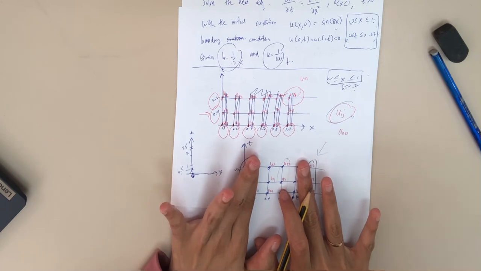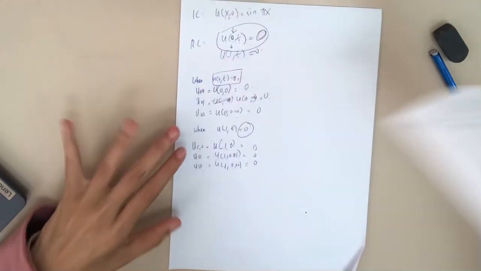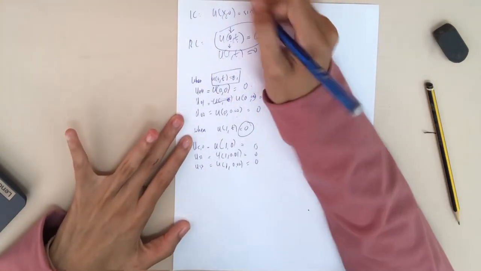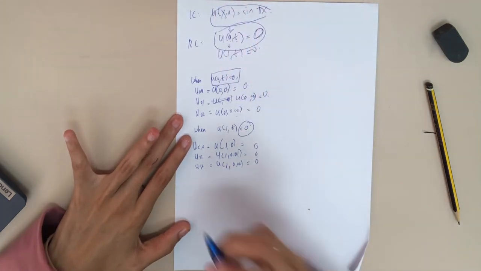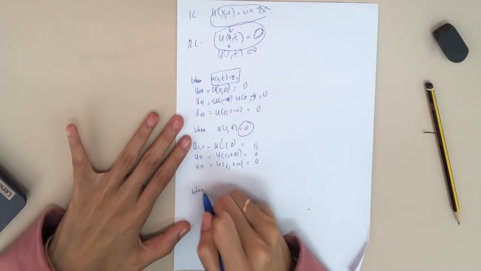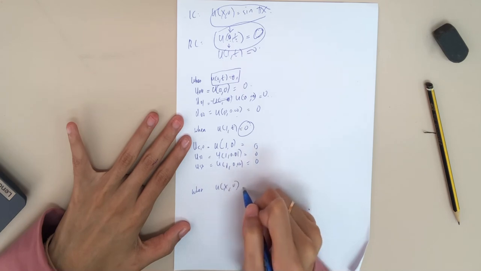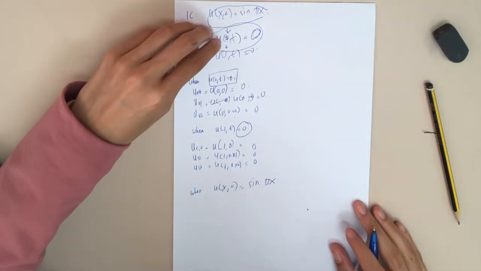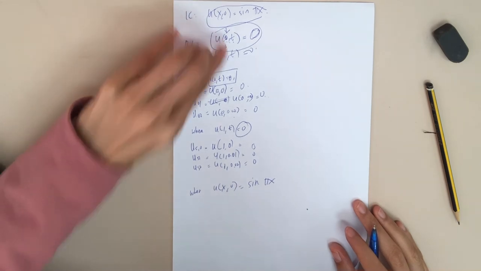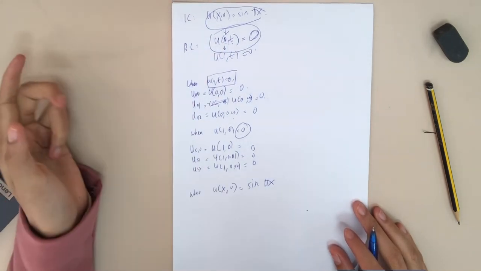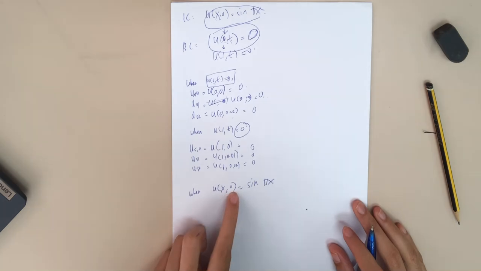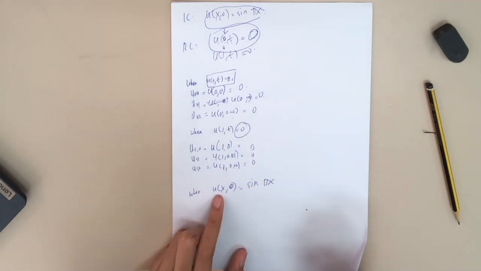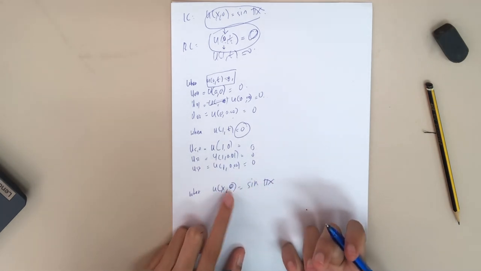Okay, next we apply the IC, initial condition. The initial condition says that u at 0 equals sin pi x. Kelas, kalau tadi, if you can see here, it's x yang ada value 0 and 1. But now for IC, x is unknown and t is 0.